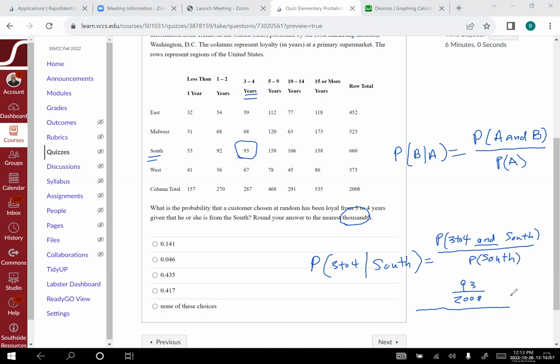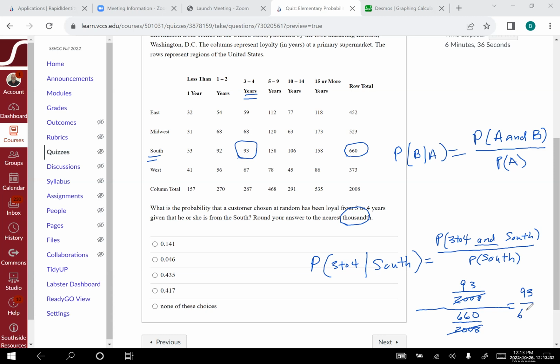Now, what's the probability of being from the South? How many people total from the South? 660. Very good. You guys got this. They're right there. That's the total from the South. So the probability of being from the South is 660 divided by the 2008. And like I said, when you're building these, you could leave those denominators off because they cancel anyway.